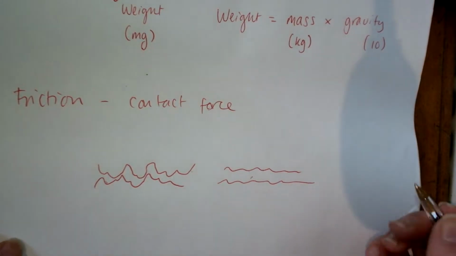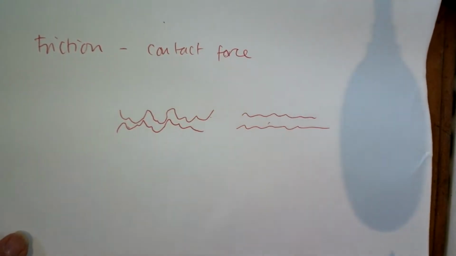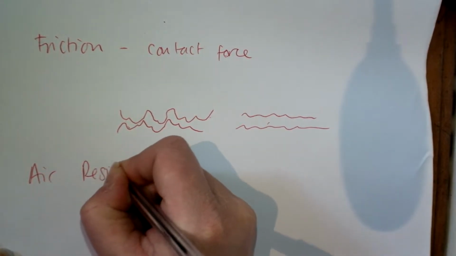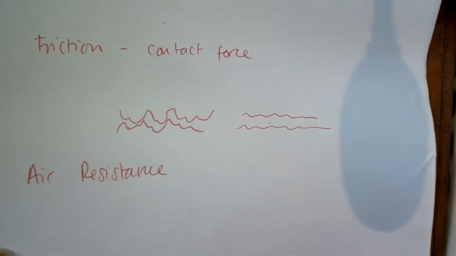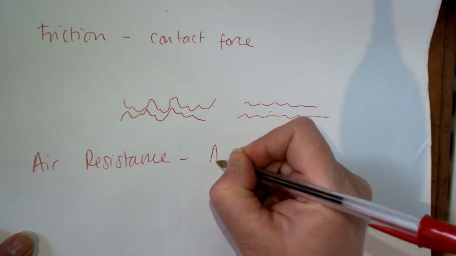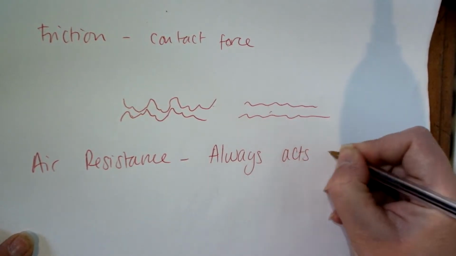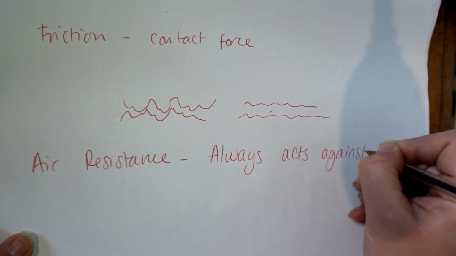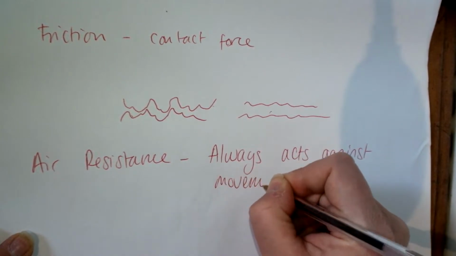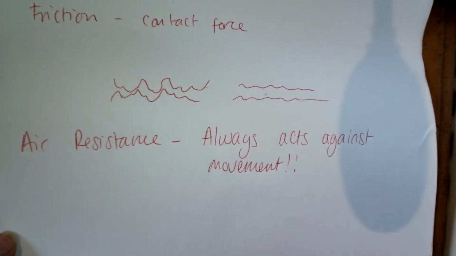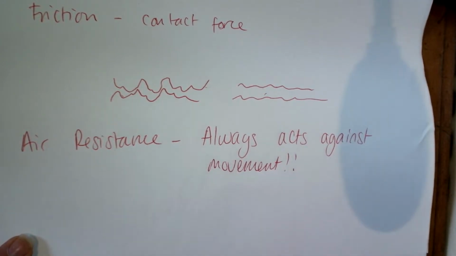And finally, the other very mixed up force is this one, air resistance. Now air resistance always acts against movement. Always, it's never ever going to go in the same direction as movement.